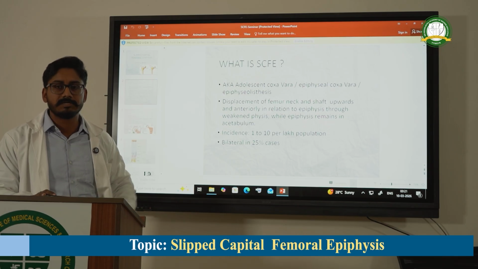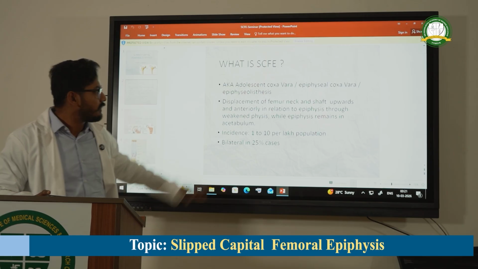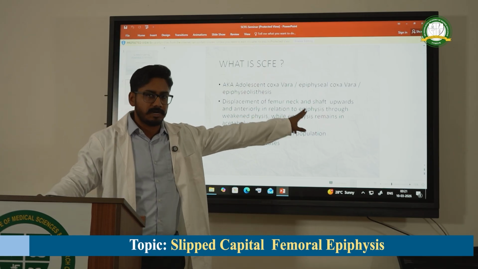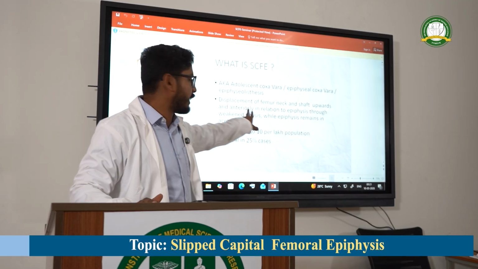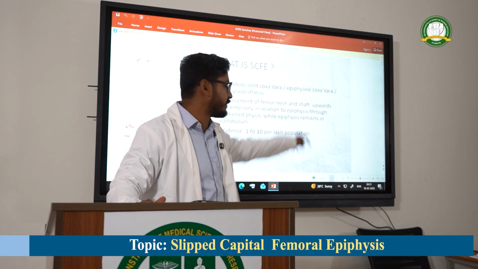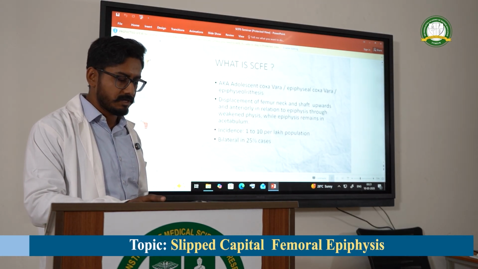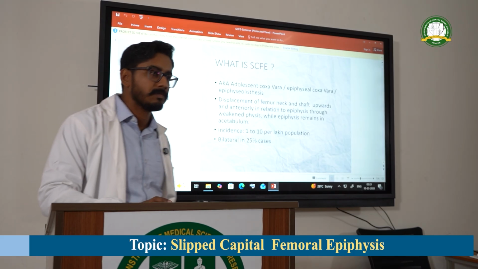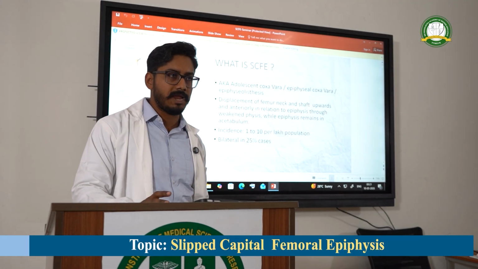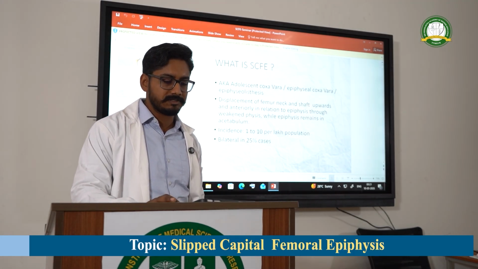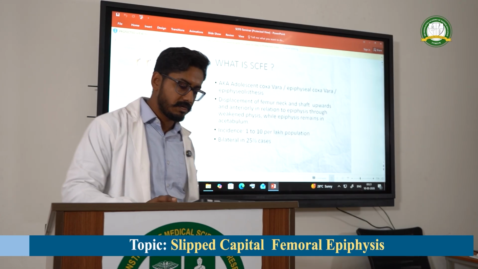The actual mechanism is displacement of the femoral neck and shaft upwards and anteriorly in relation to the epiphysis through the weakened physis, while the epiphysis remains in the acetabulum. The incidence is 1 to 10 per lakh population. It is bilateral in 25% of cases.